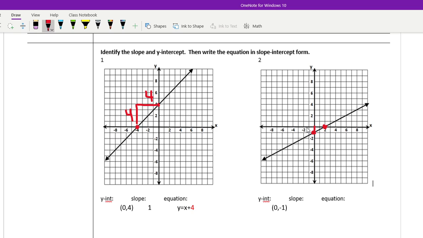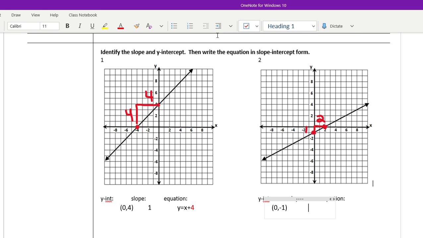I would still go upwards, so this is a positive 1. And I will go to the right 2. For slope, we want to make sure that we do rise over run. So this would be 1 over 2, which we cannot simplify.